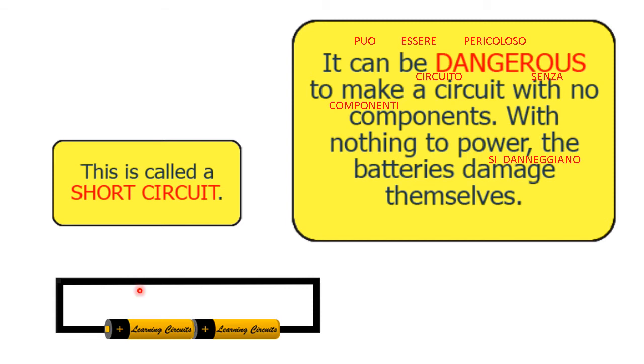For example, a bulb is a component, a motor is a component, a buzzer is a component. With no components, the batteries get damaged. It is called a short circuit because the electricity goes from the battery directly into the battery.